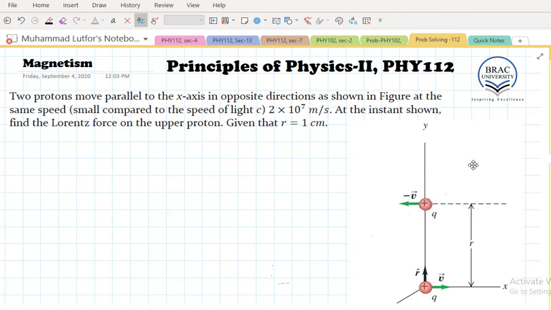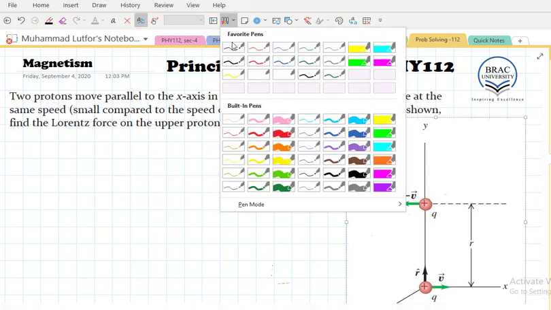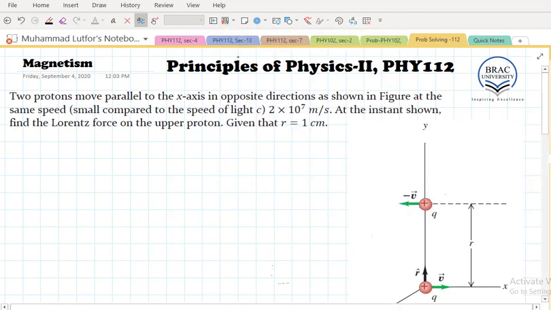For simplicity, I'll call this one proton 1 and this one proton 2. We have to find the Lorentz force on proton 2.